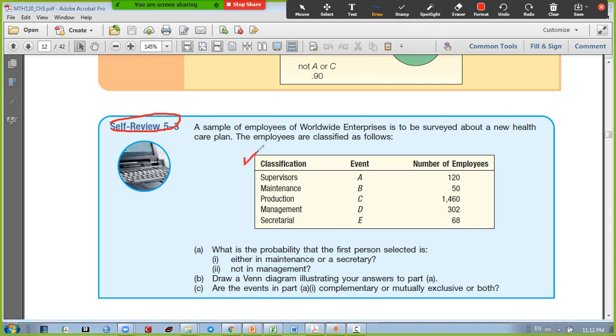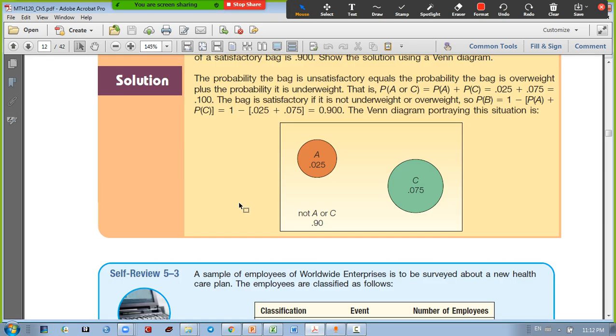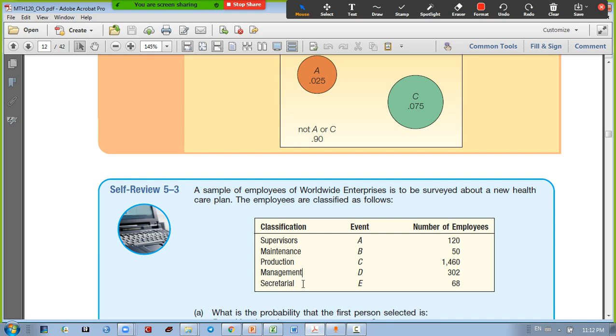We have a data table for you, and question A, A1, A2, question B, question 3. So this is for you to practice. Study the example and practice Self Review 5.3.